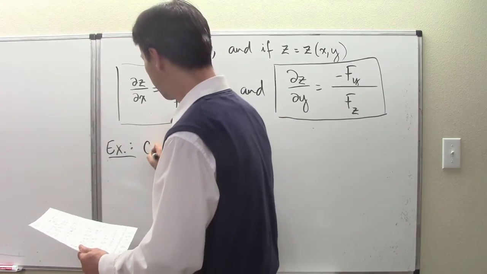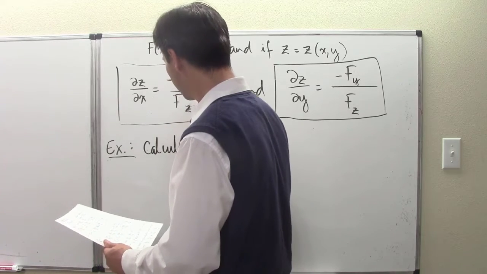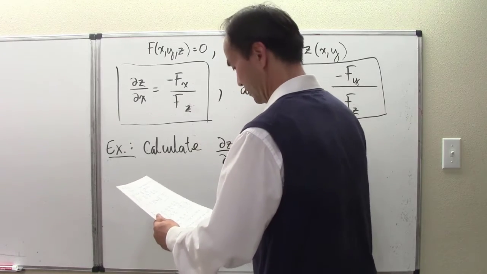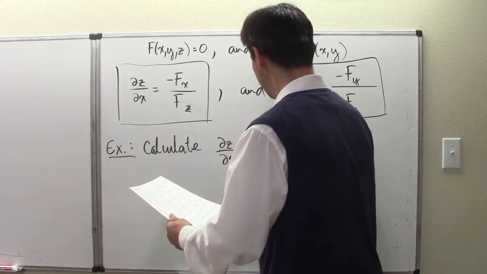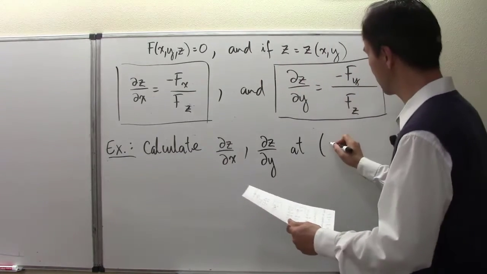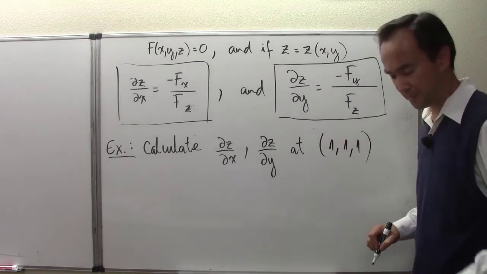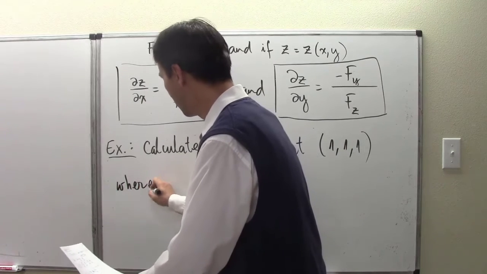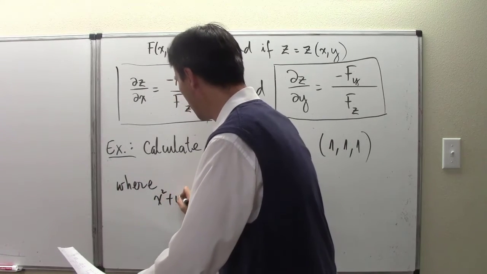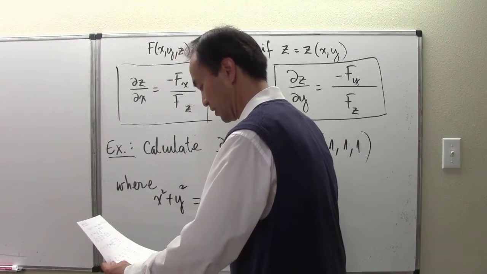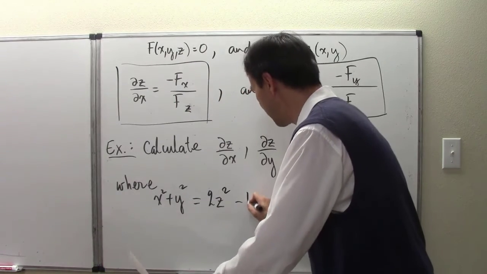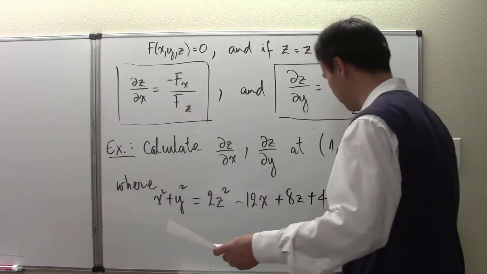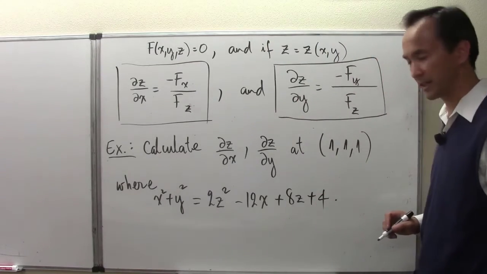The example says let's calculate dz/dx and dz/dy at the given triplet 1, 1, 1, which is basically a point, where we have x squared plus y squared as an equation equals 2z squared minus 12x plus 8z plus 4. Okay, that's what it is for our example.